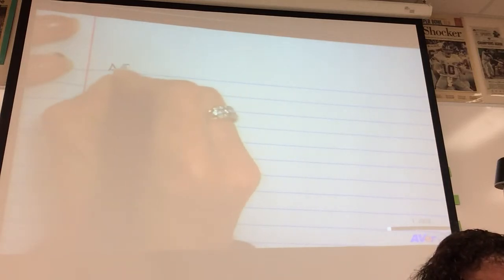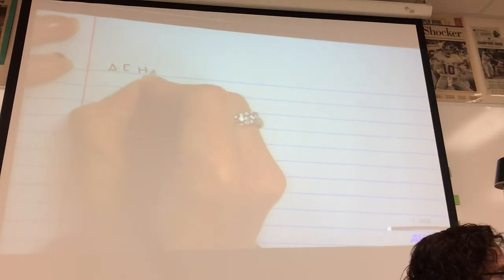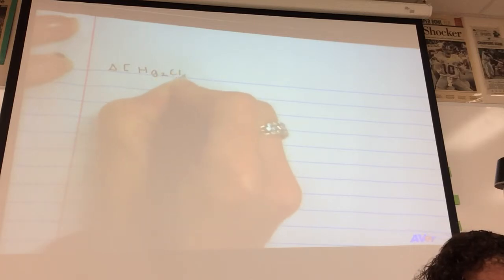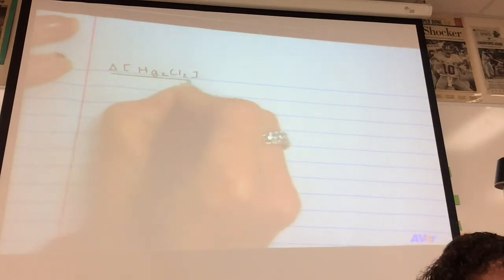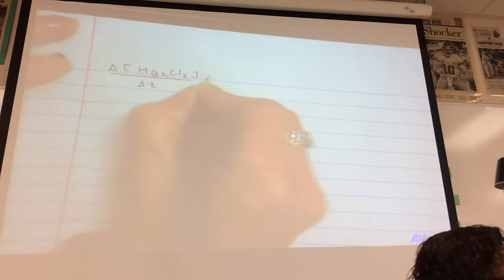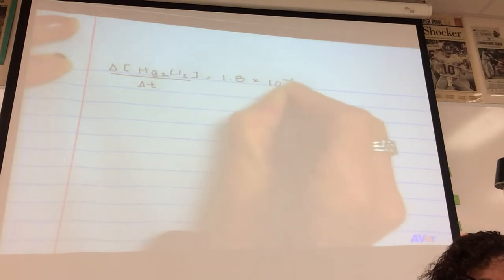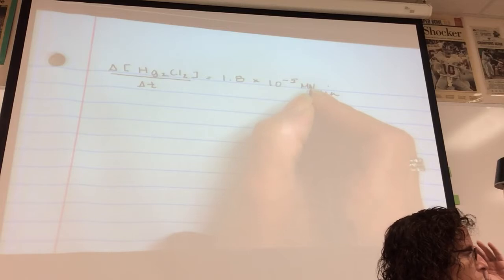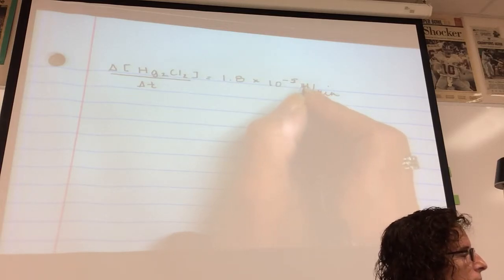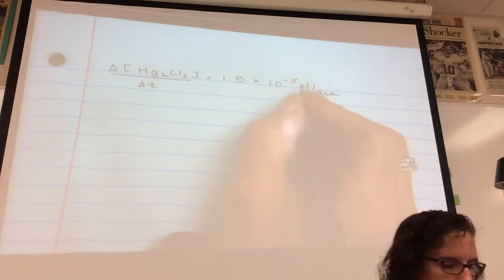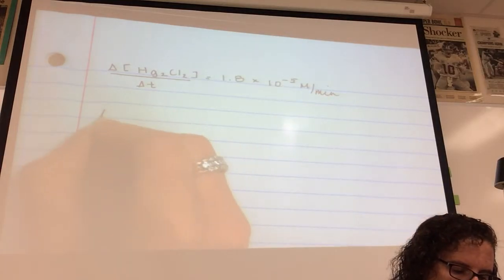Okay, so what they're telling us then is that the change in concentration for mercury 1 chloride over the change in time is 1.8 times 10 to the negative 5 molar per minute. That's given. And what they want to know is the initial rate of disappearance.